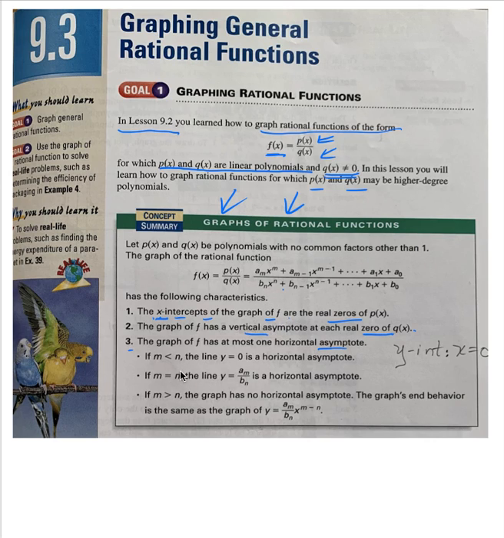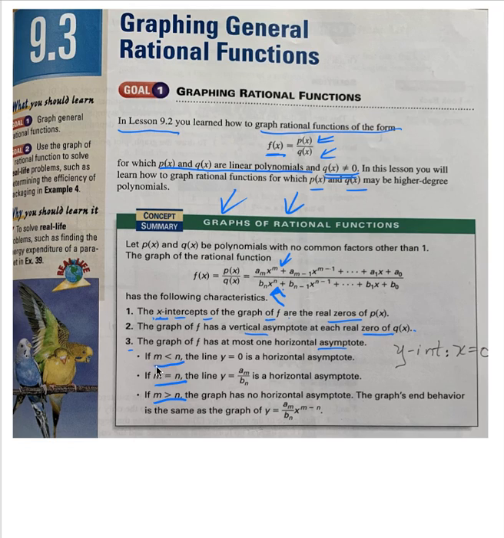Well, now we're going to be looking at all the different possibilities. They look at them in terms of the degree of the leading term. Notice that m is the degree of the numerator polynomial, and n is the degree of the denominator.